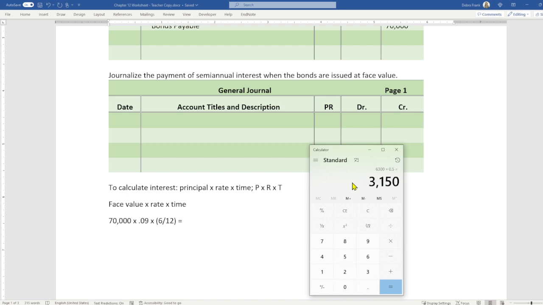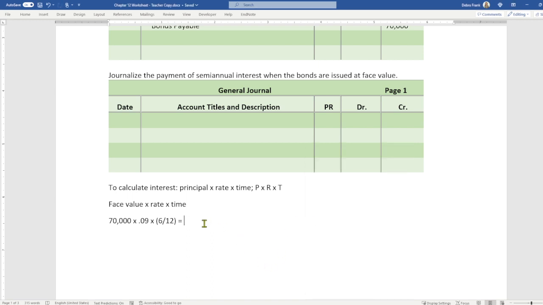Or divided by 2, whichever way you want it. But it's twice a year, and so that was 3,150. All right. So that is our interest that's going to be paid out in cash as well. So that's our interest expense and our cash that's being paid out.